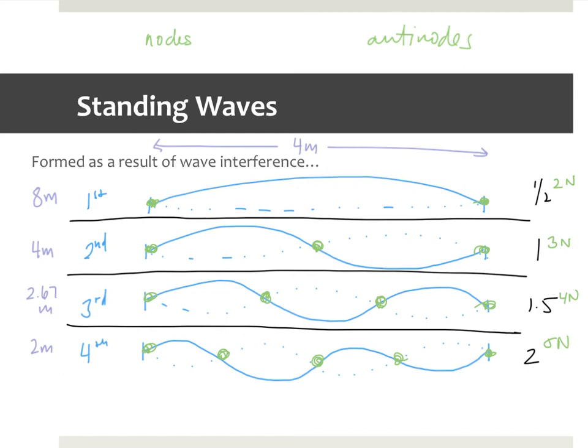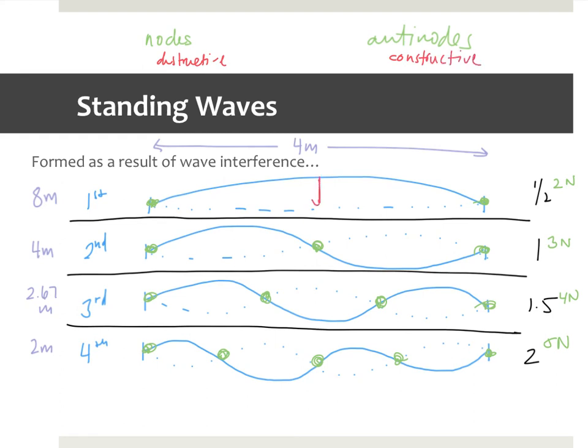So you're always going to have one more node than the order, whereas the antinodes are the parts that go up and down. That's where constructive interference happens. Nodes are for destructive interference, where the waves cancel out, and then the antinodes are constructive, where the waves maximize their amplitude.